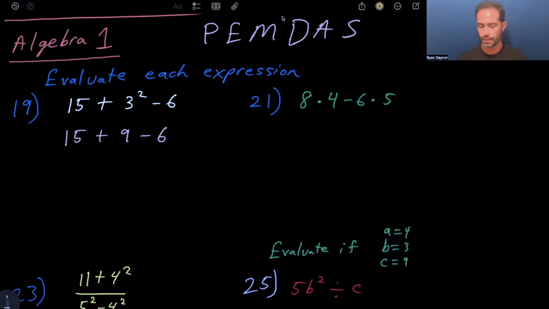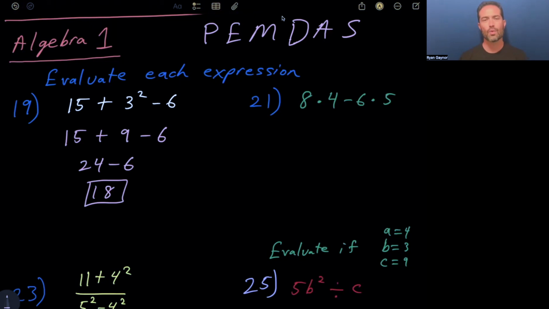So I have 15 plus 9, that is 24. And then I have 24 minus 6, and that is 18. So there you have it. Now I have my answer.